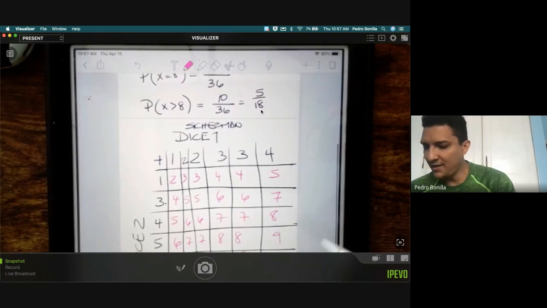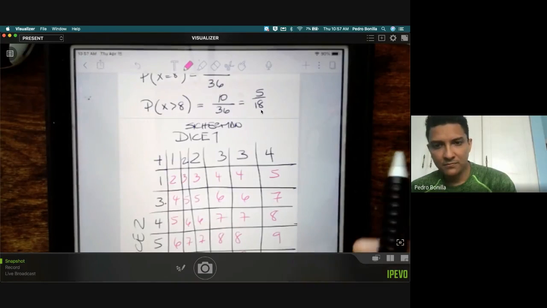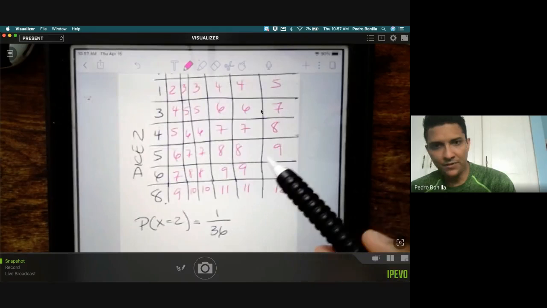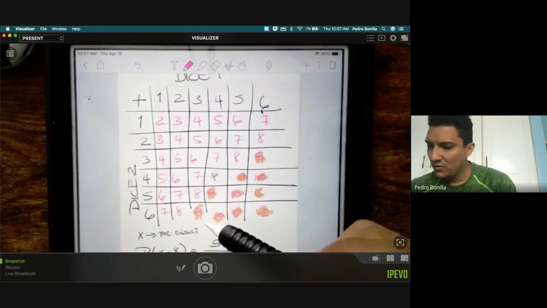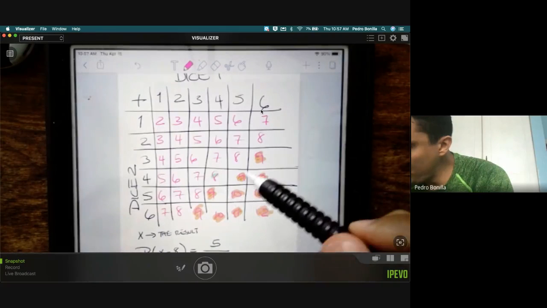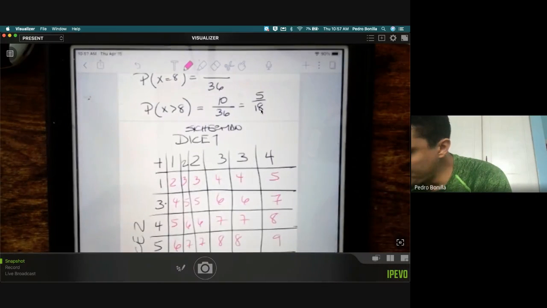Probability of getting a 9. 1, 2, 3. Here, 1, 2, 3, 4. There's one missing. I think that there's one that is missing.